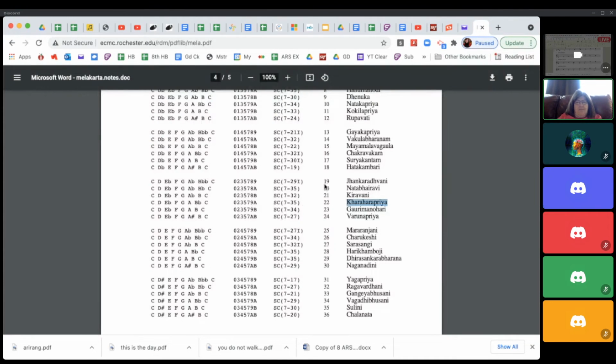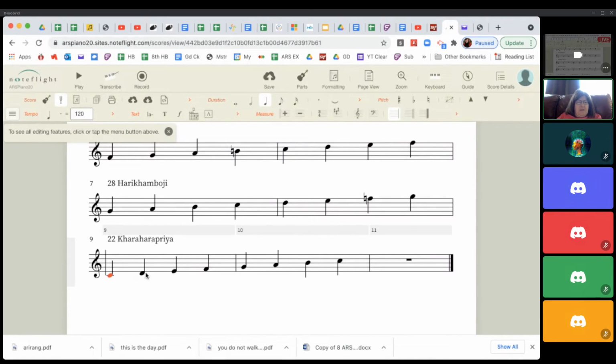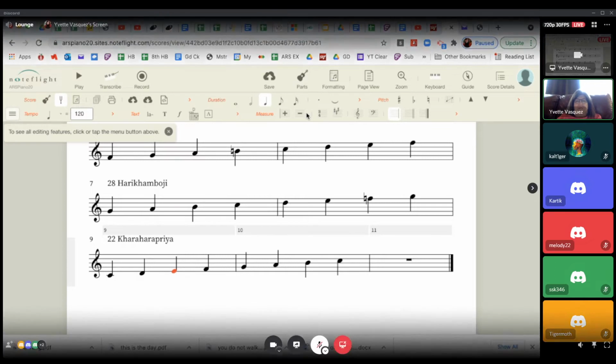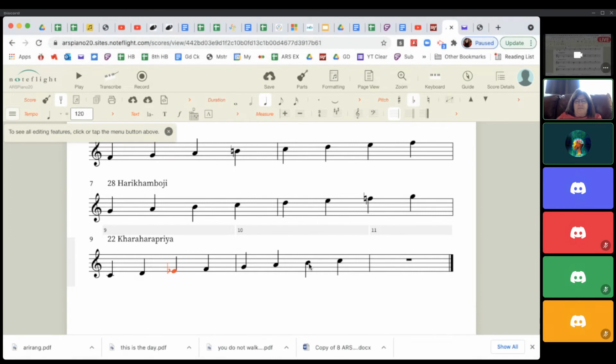Let me go back to here. Sorry. Yeah, there it is. C, D, E flat, F, G, A, B flat, C. C, D, E flat. So the Ga is flat and then the Ni is flat. So it is Karahara Priya. That's it.